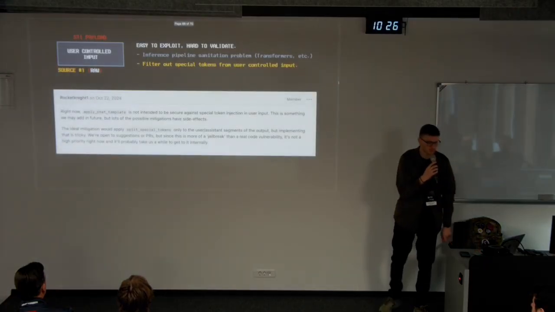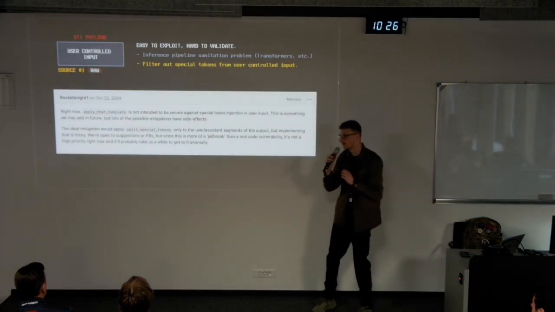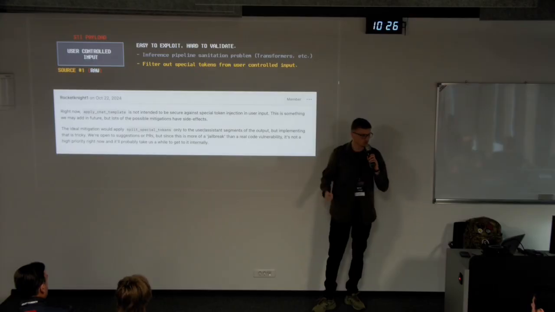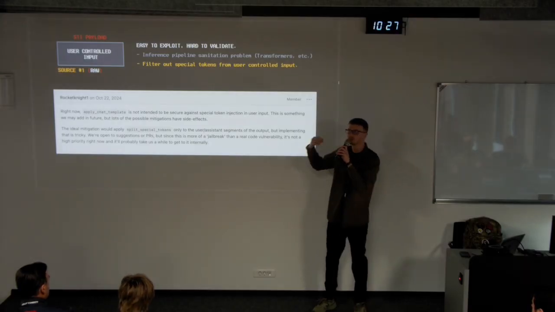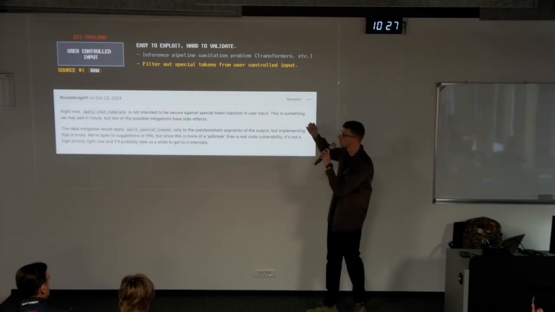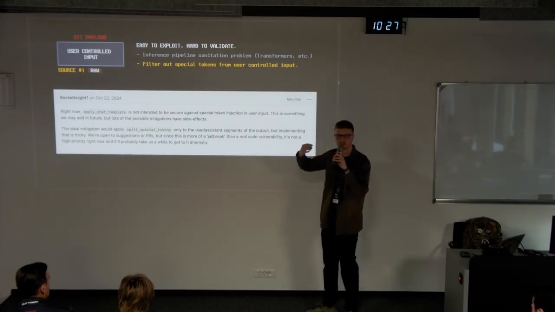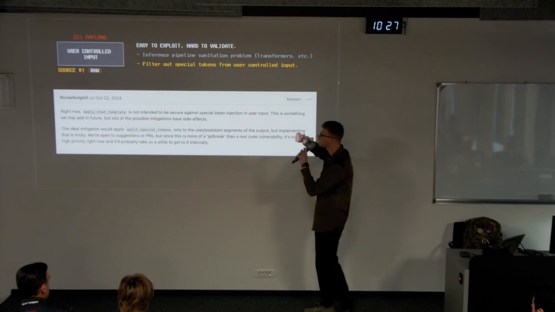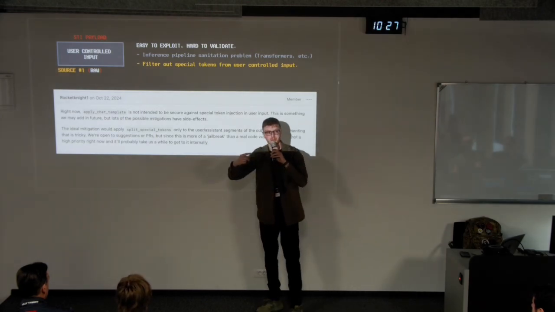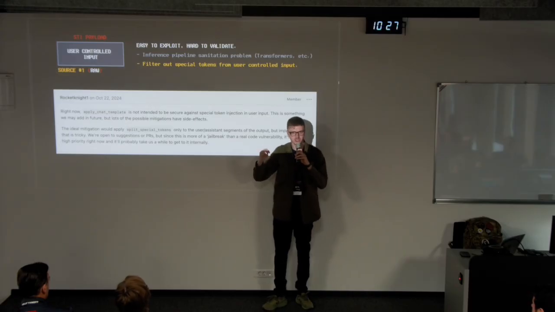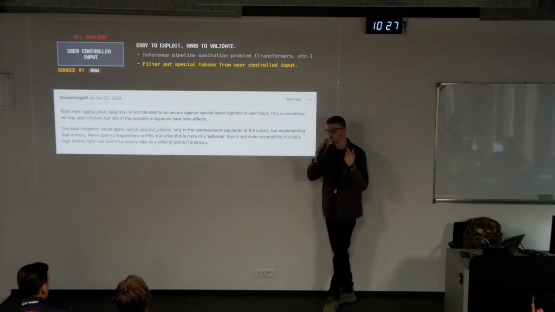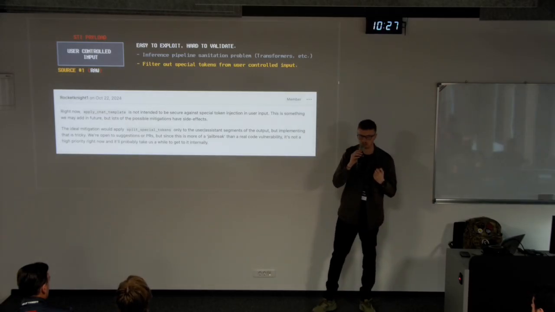Now that we know how to attack through the means of special token injection, let me categorize how hard it is to validate and to remediate these findings. The raw user input through raw special token injection is probably the easiest one to exploit, but the hardest to validate.